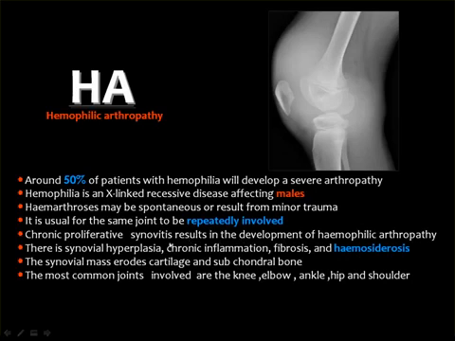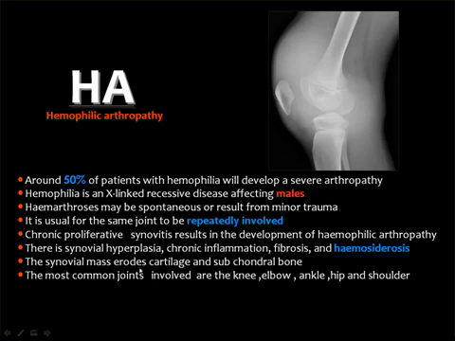The hemophilic arthropathy is in the form of blood inside the joint and erosive changes of the articular cartilage with destruction of the articular surfaces, ending with secondary osteoarthritic changes. The synovial hyperplasia, the chronic inflammation, the fibrosis, and hemosiderosis are the causative factors for the significant joint damage.